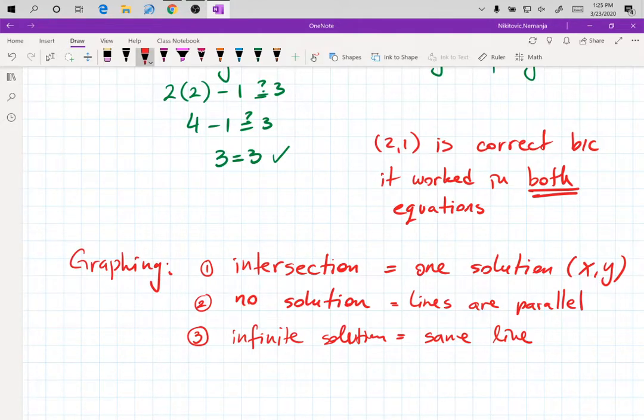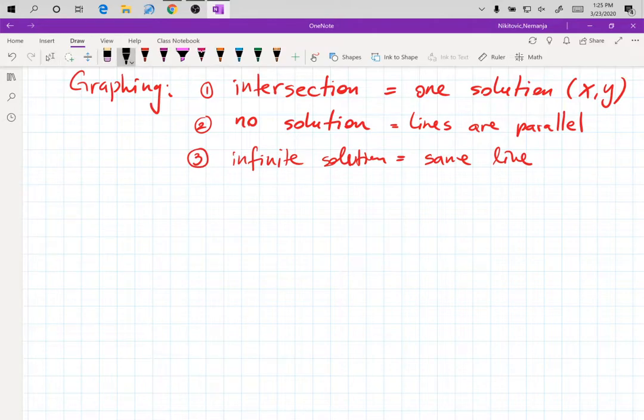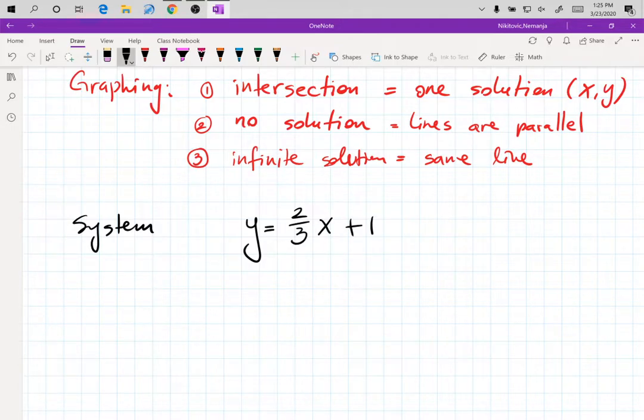So let's take a look at some examples of this. Say you have a system that is y equals 2/3 x plus 1 and y equals 2/3 x minus 4.